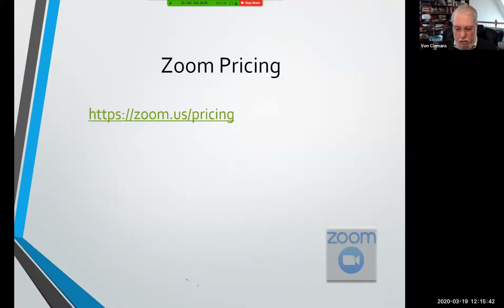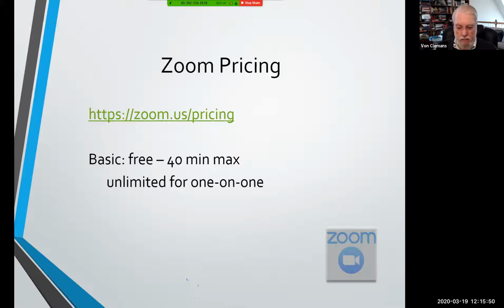Okay, just a quick word about Zoom pricing. The basic is free, as I mentioned. If you have more than 2 people, there's a 40-minute maximum. The Pro is approximately $150 per year, or you can pay a monthly $14.99 and just drop off the months that you're not going to use it.